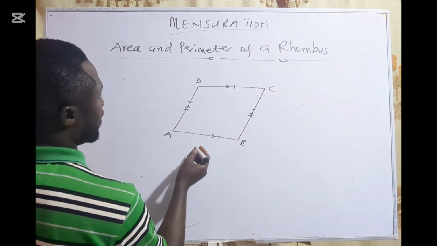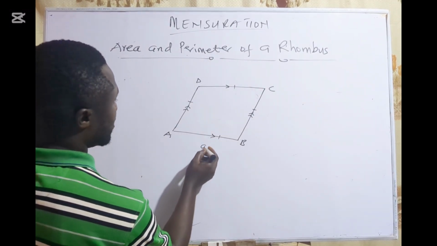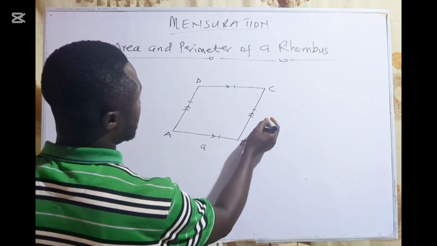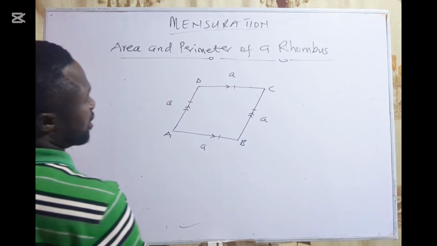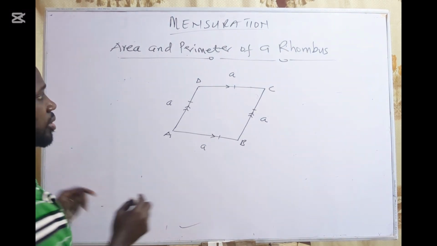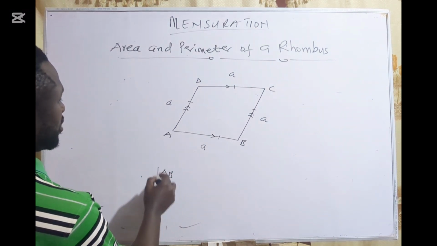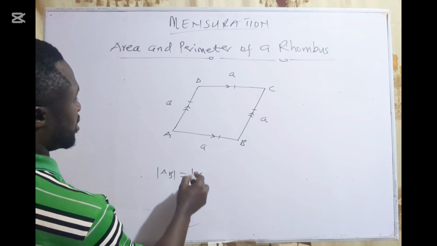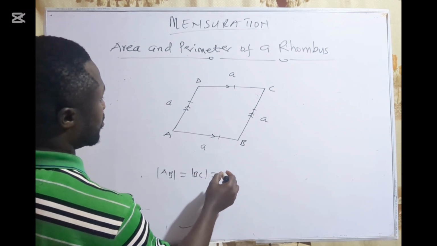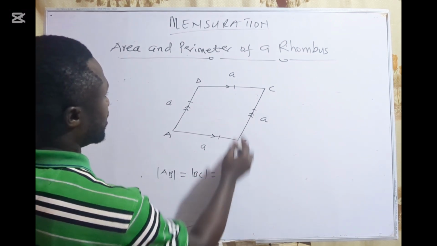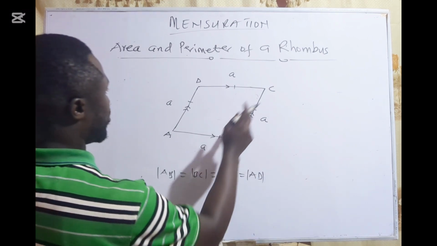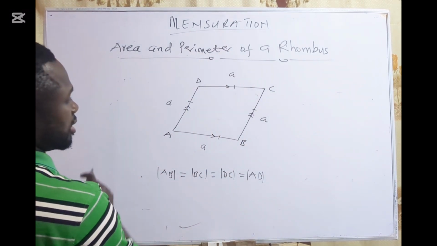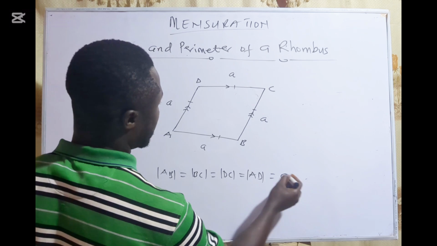If here is a, then here is also a, here is also a, here is also a. All the sides of a rhombus are equal. So AB is equal to BC is equal to DC is equal to AD, and is equal to a.